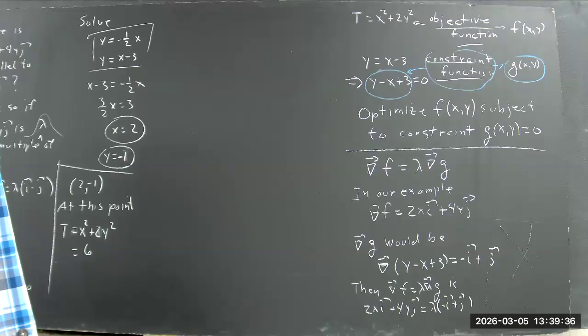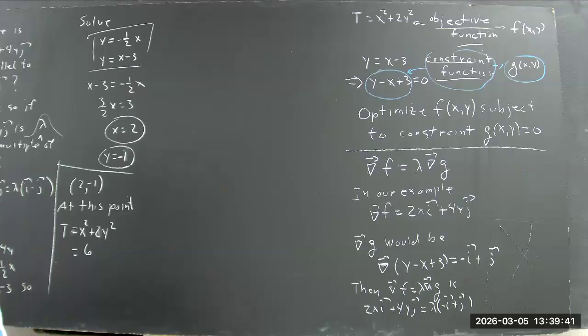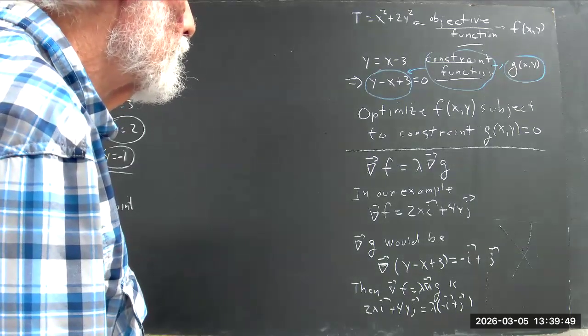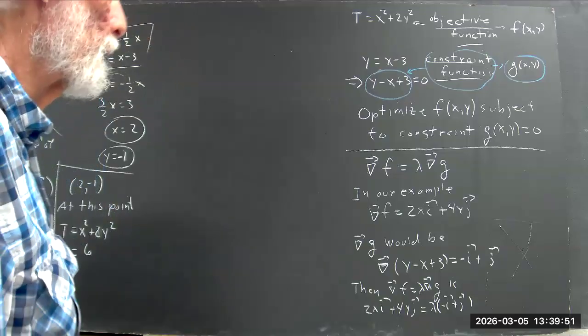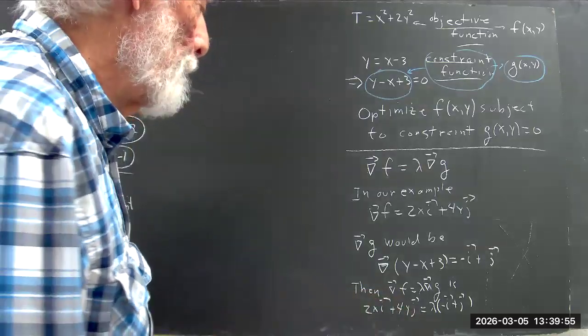Okay. But when you solve for lambda, when you solve for x and y, you're going to get the same thing. You can work it out. So what's our process? Well, there it is. Okay. Well, you get this.